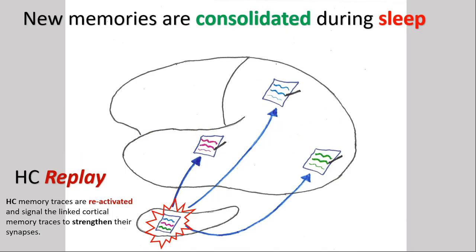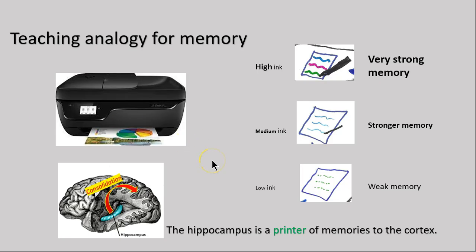Now, you'll recall the analogy that memories are like writing on paper, so by applying more ink, we're increasing the strength of the memory trace. In this sense, then, the analogy is the hippocampus is like a printer of memories to the cortex. So the process of memory consolidation is this communication between the hippocampus and the cortex.